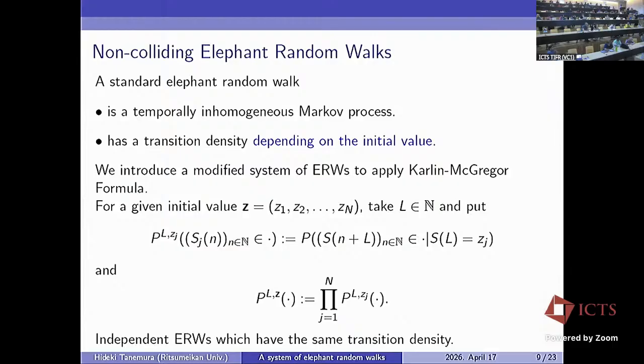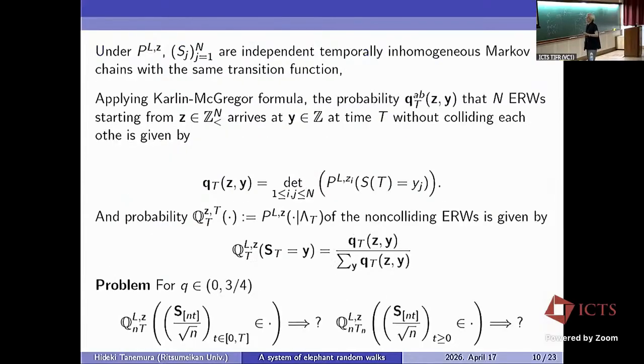Depending on the initial value, they have much memory of the past before. Yes. The initial point, they have a memory. This is just like the conditional distribution of that. Then this gives the same transition density. And we consider the independent case, and the Karlin-McGregor formula, like that.